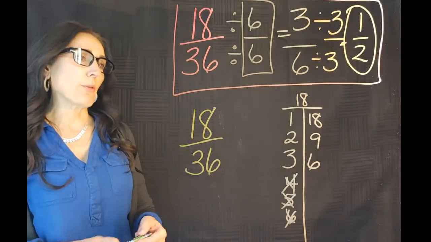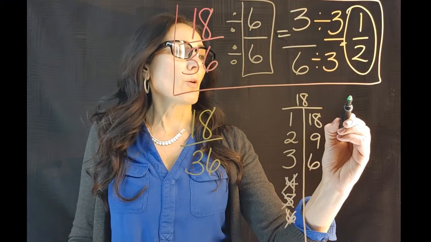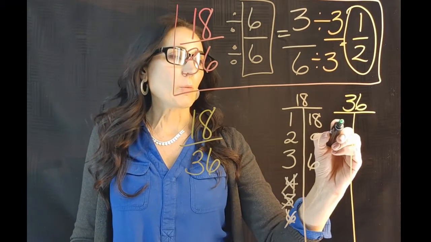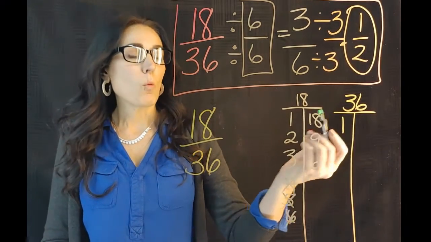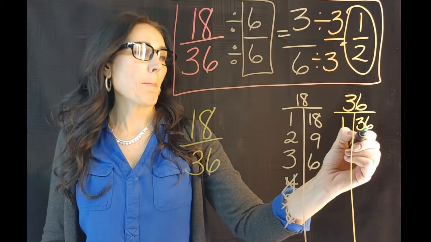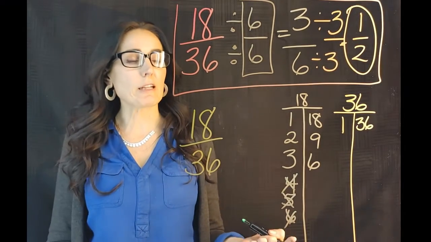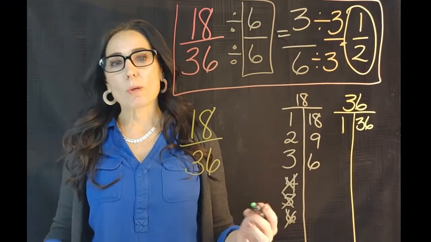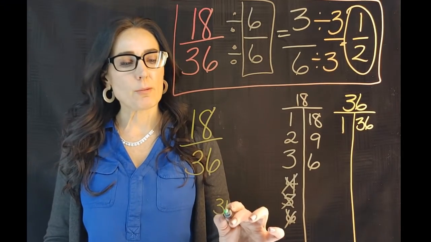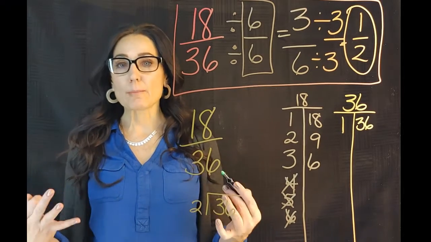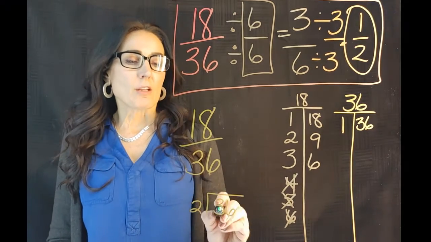So then let's go to 36. So when it comes to the factor pairs of 36, again, we're going to start with 1 times 36. And then 2. 2 goes into 36, but I may not know what that is. So I may need to come over here and do a division problem to find out how many times 2 will go into 36.